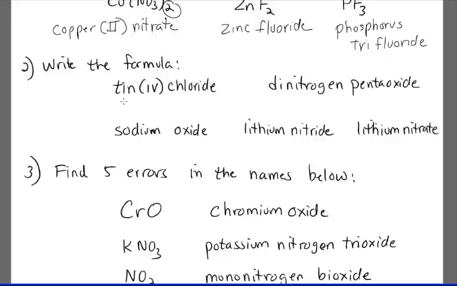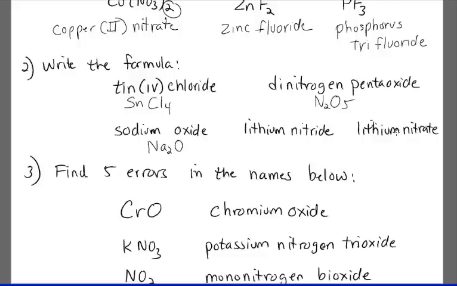Tin(IV) chloride: the symbol for tin is Sn, and since it's 4+, we know that there have to be 4 chlorines because chloride is a -1 anion. All right, dinitrogen, that's 2 nitrogen. Pentaoxide, that's 5 oxygens, N2O5. Sodium oxide: we put Na together with O2-, so we're going to need 2 sodiums for 1 oxygen.